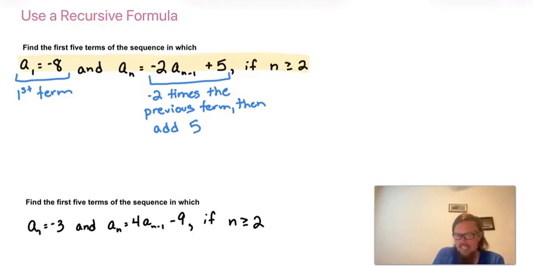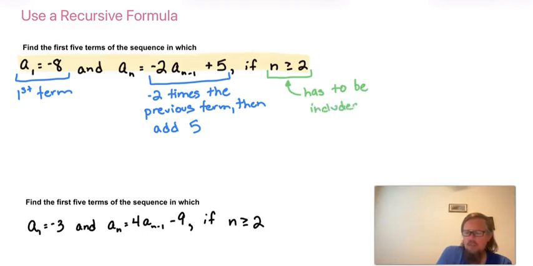Now, this part on the end is not something that we're necessarily going to concern ourselves with, but it is something that needs to be included when we write our recursive functions. And it says for n greater than or equal to 2. This has to be included in a recursive formula when you write one, which we are going to do a little later. But all this means is we don't use this formula for the first term in the sequence.